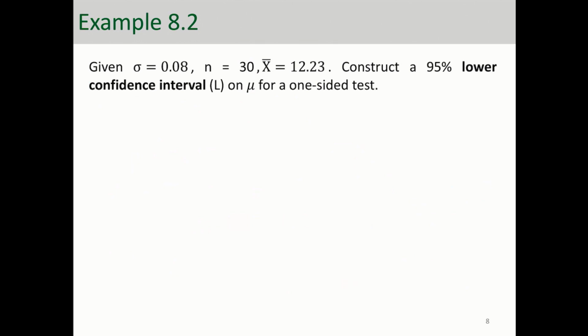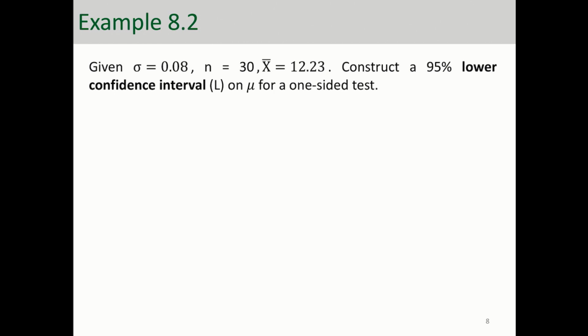So let's look at another version of this example. Here we have a sigma, which is the standard deviation of the population. N is 30, x bar is 12.23. And we want to construct a 95% lower confidence interval.